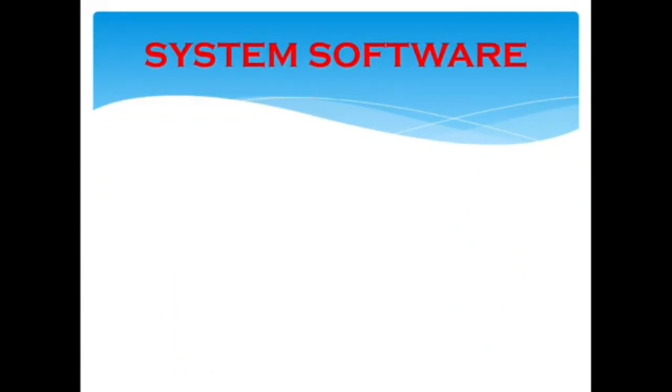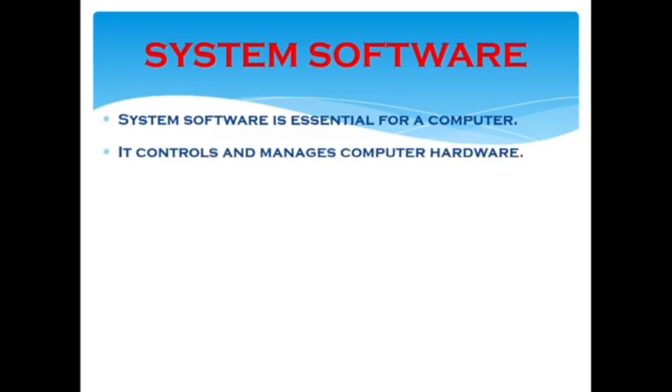Now let's see system software. What is the topic? System software. System software is essential for a computer. It is an important part of the computer. It controls and manages computer hardware.